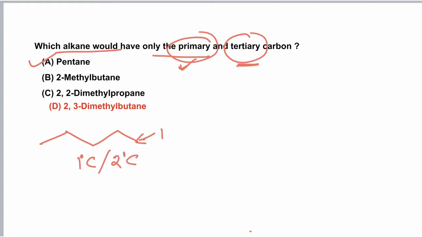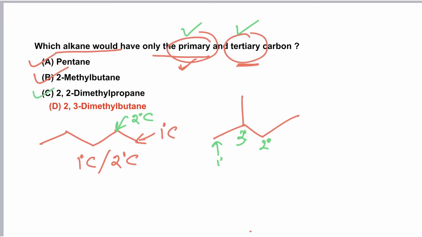For example, this is 1 degree carbon directly connected with one other carbon atom, and this carbon atom is 2 degree carbon. If we take the second example, 2-methyl butane, then in 2-methyl butane, 1 degree carbon, 2 degree carbon and 3 degree carbon atoms are present. While the question asks that the molecule must have only 1 degree and 3 degree tertiary carbon.